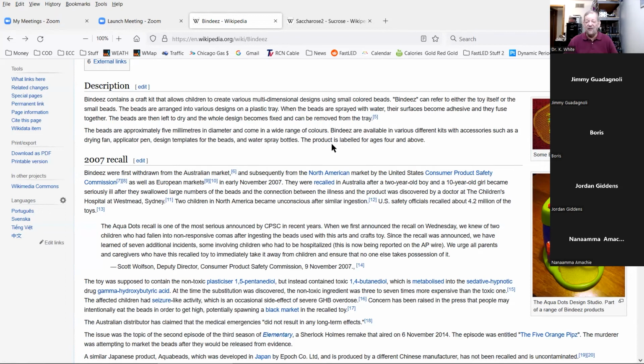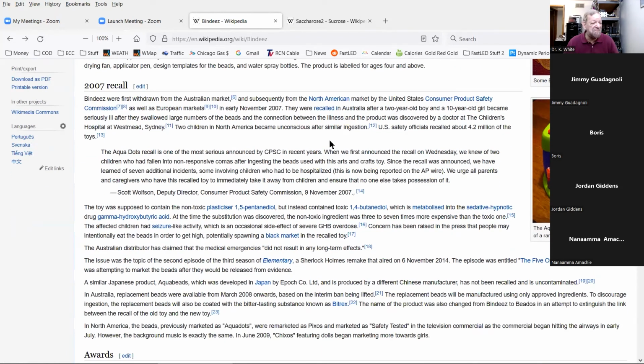Yeah, it's going to come out colorful at the end, but it's going to be somewhat harmless. Well, it turned out a couple of children across the country became very sick, and some in the United States. And what was the problem?